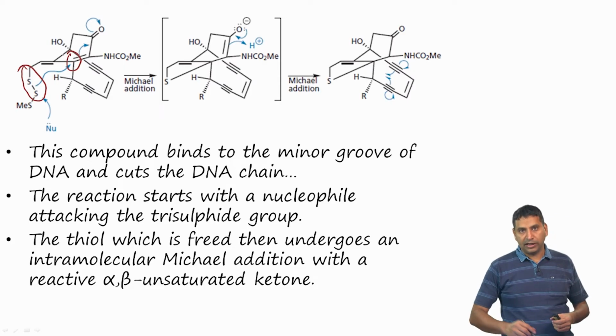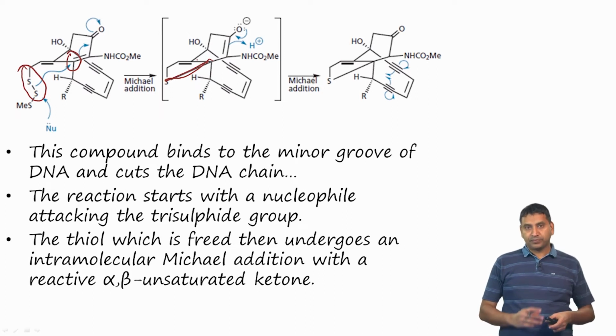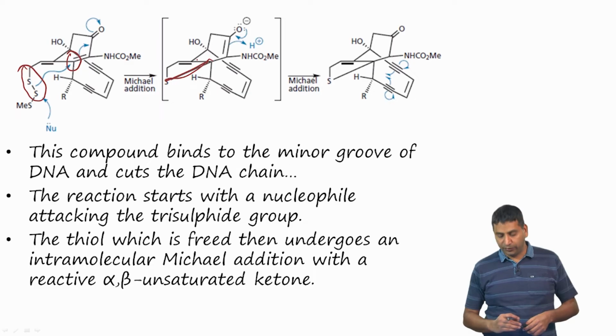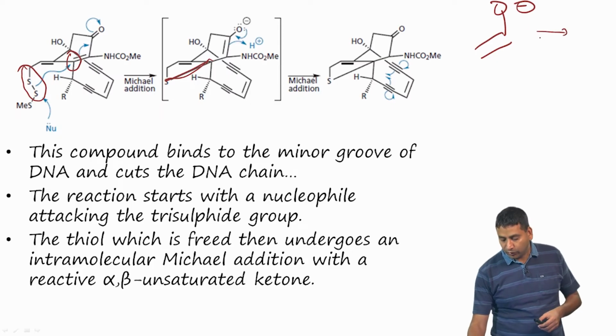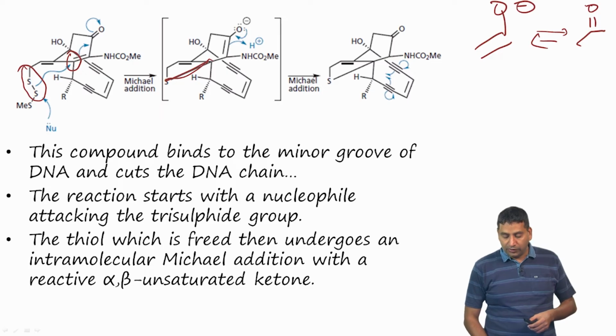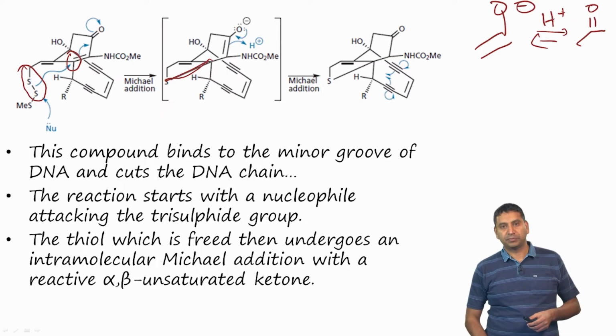Once it attacks this carbon, it forms a covalent bond between sulfur and this carbon, and it generates an enolate. An enolate, as we know, is nothing but this, which can tautomerize to form the ketone. And this is achieved by adding H plus.